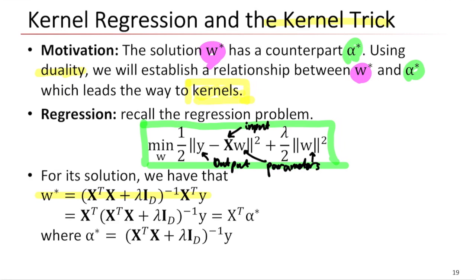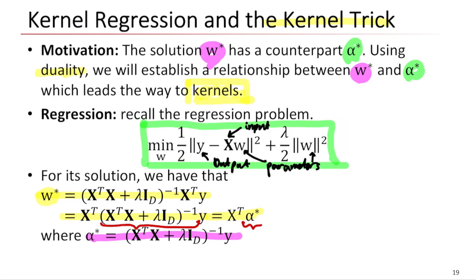From here, we can derive a new term, and if we introduce a new term alpha here, then this W star is going to be X transpose times alpha star, when alpha is something like this. So this is the definition of the closed-form solution of the regression problem.